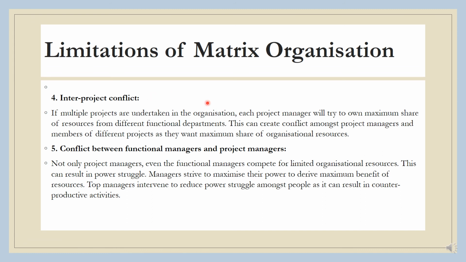Inter-project conflict. When there are multiple projects running, it might lead to inter-project conflict. Each project manager will try to own maximum share of resources from different functional departments. This can create conflict among project managers and members of different projects, as they want maximum share of organizational resources.